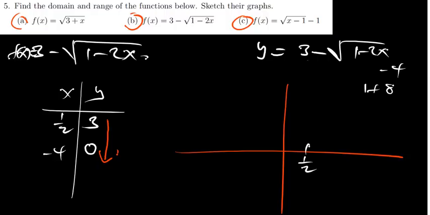I've got -4. Then in y, I'm starting from 3. So I'll put 3 here, to show that that is where it's going to start from. So I've got half comma 3, it is at this point. Then I also have -4 comma 0, it is at this point. We can clearly see that our graph will move like this.